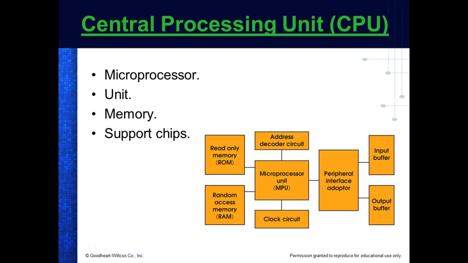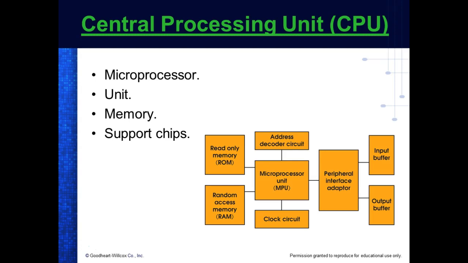Okay, makes sense. Now, what does it consist of? Well, it consists of a chip called a microprocessor, also called an MPU. It consists of timing circuits. Everything inside the computer is what we call synchronous transfer, which means everything is timed. We have two ways we can send data.